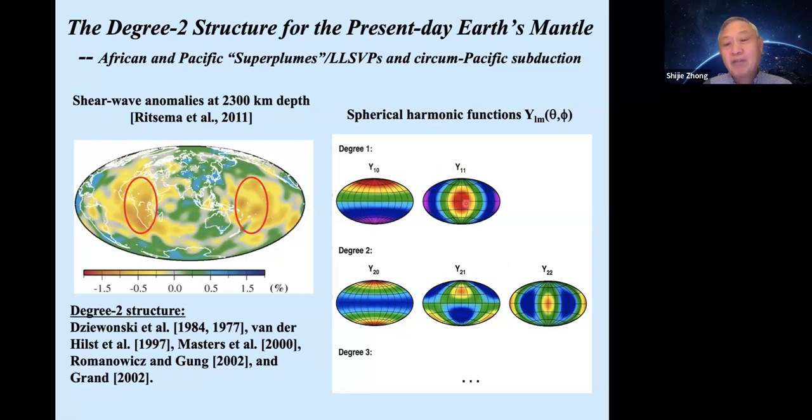This is the longest wavelength, the largest scale features that we can see for a planet. Then we go to degree 2 and shorter wavelengths. Degree 20, for example, represents the difference between the equator and the two poles. Degree 3 and so on have even shorter wavelength features. But in my talk today, mostly I'll deal with degree 1 and degree 2 structures, the largest scale features we see for various planets.